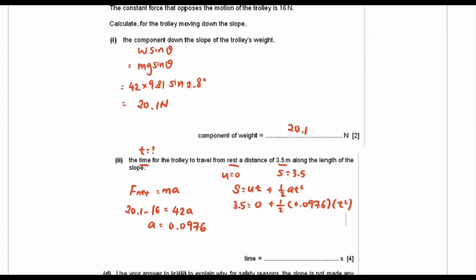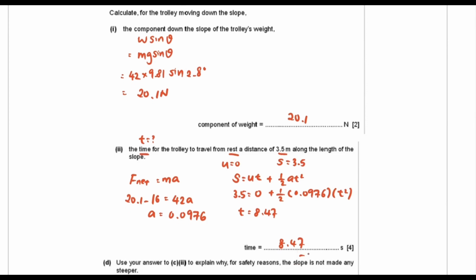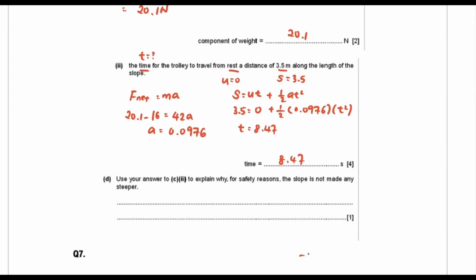Then we just solve. 3.5 times 2 over 0.0976, and we square root, 8.47. t equal to 8.47. So this is the time. Okay, now let's move on.